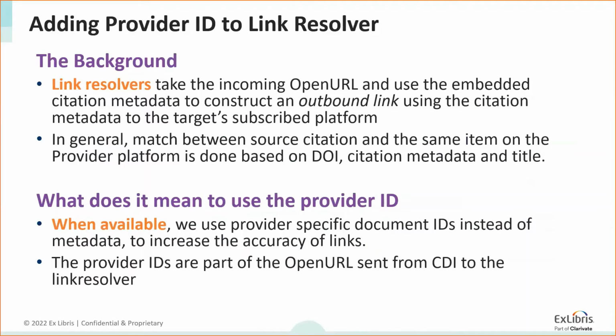They also guide us, or we know, how to create the link with this document ID directly to read the full text. Using this document ID is much more reliable than using the metadata, and it makes sure that we have a good and reliable link. So you can say it's using the link resolver with all its advantages, but with the reliability and accuracy of a link in the record.